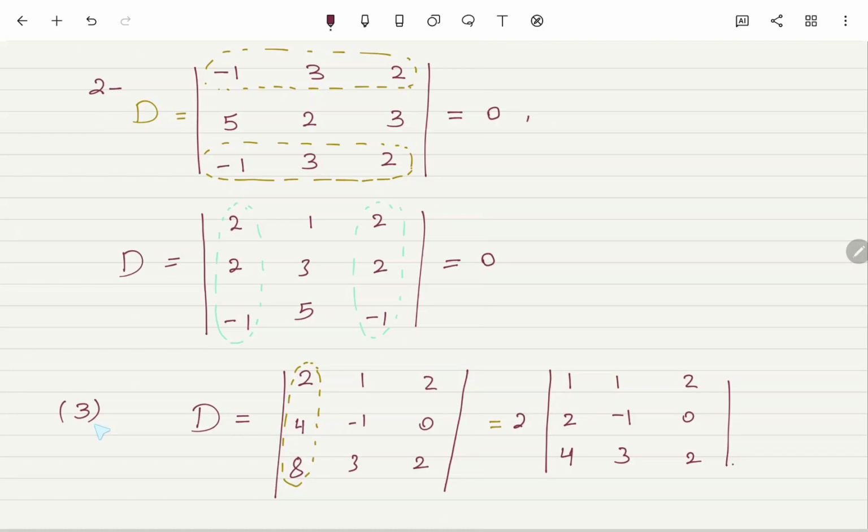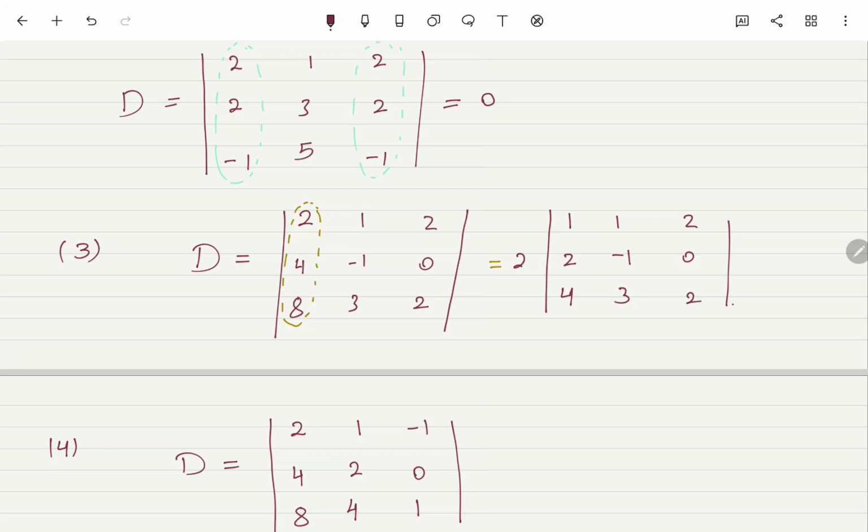Property 2 states that if two rows or two columns are identical, then the determinant equals 0. And the third property, if a certain row or column is multiplied by a certain factor, then the value of the determinant is multiplied by the same factor.